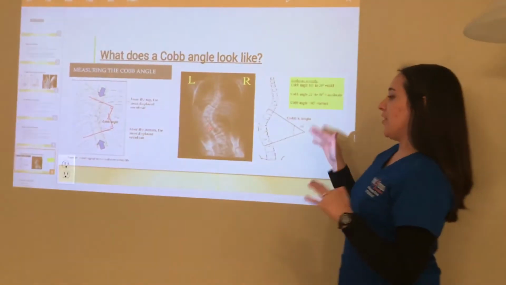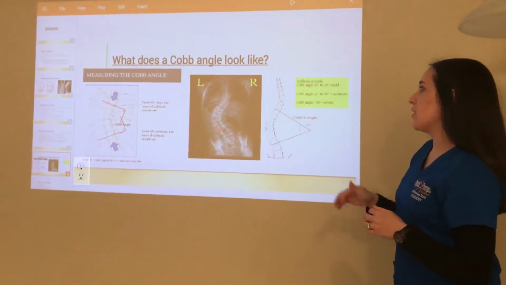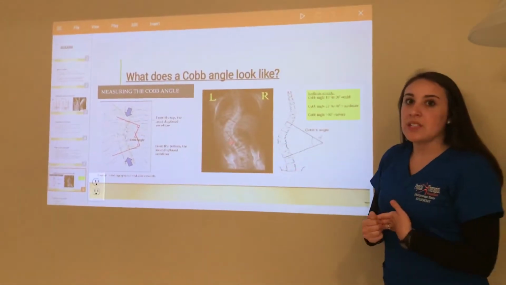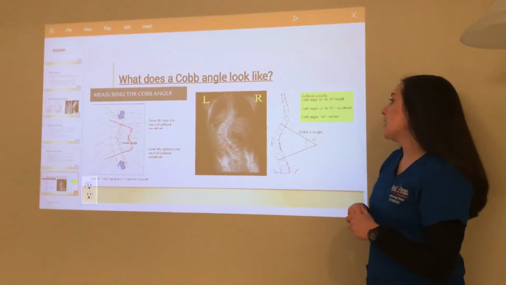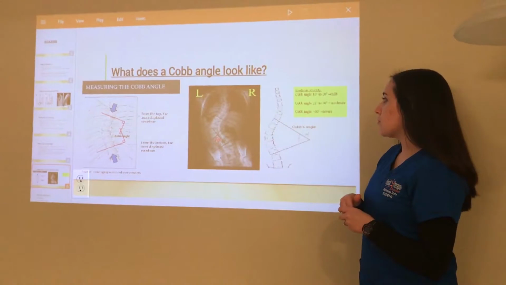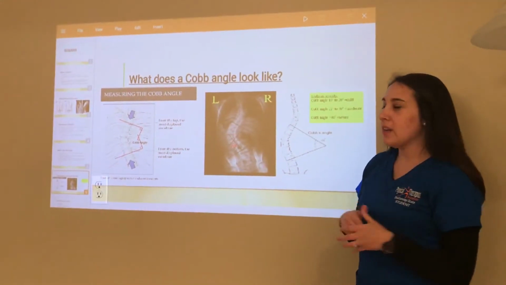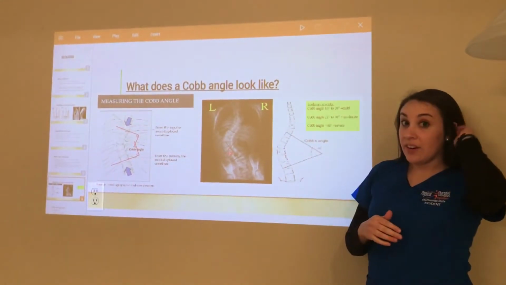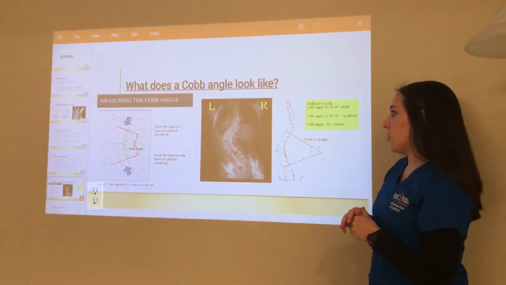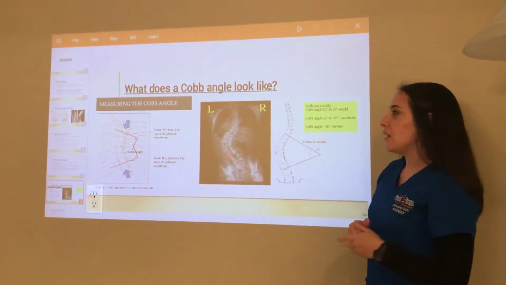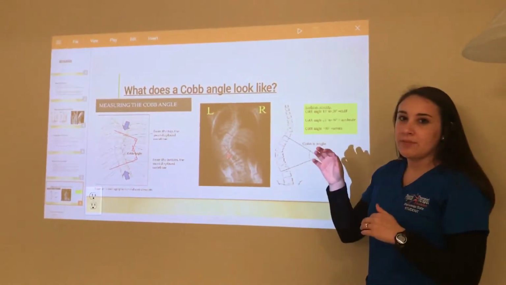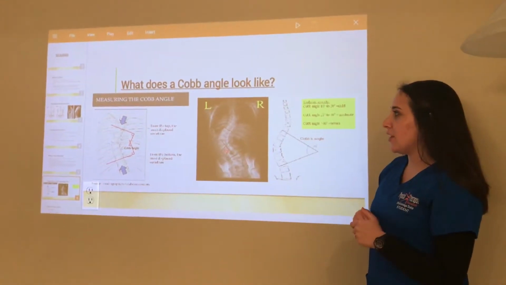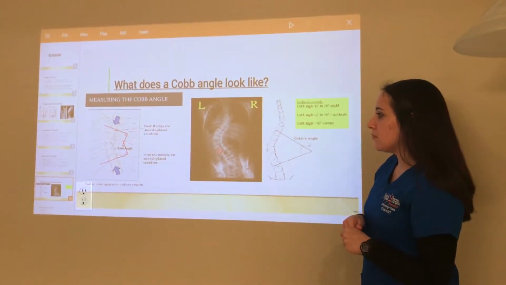There's also a severity list of the Cobb angle. A mild Cobb angle is from 10 to 20 degrees, a moderate Cobb angle is from 21 to 40, and a very severe Cobb angle would be greater than 40, greater than 50. Those are the mild to severe ranges on the scale.